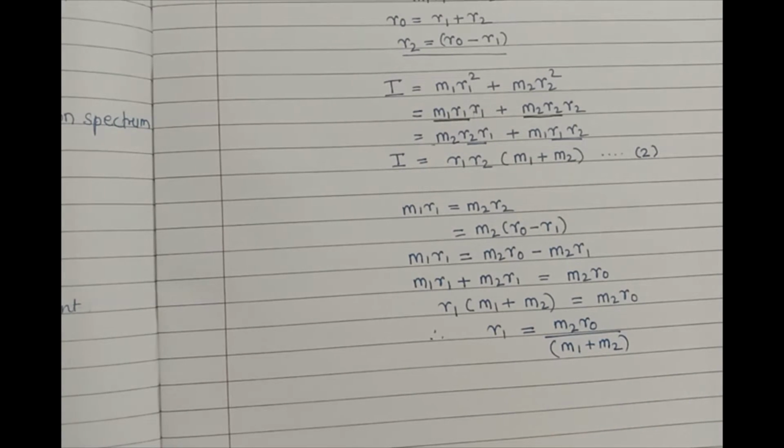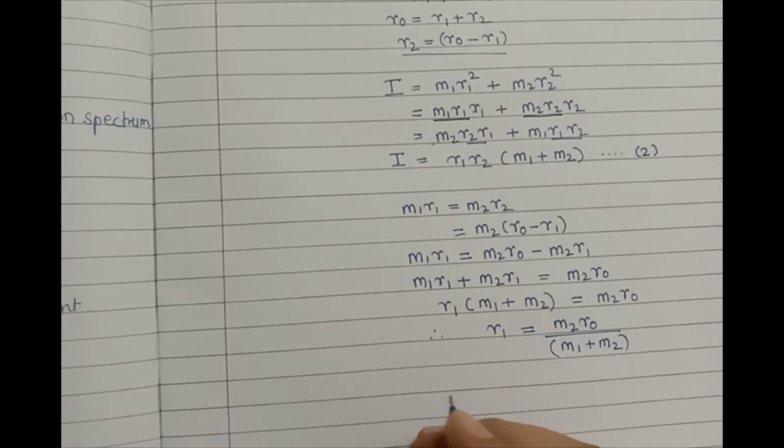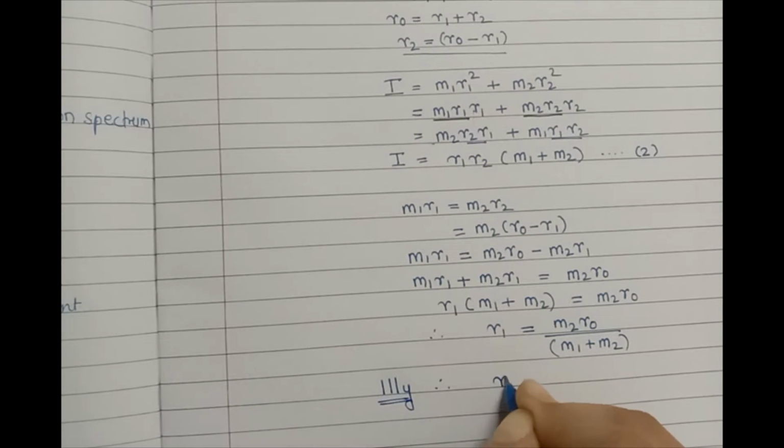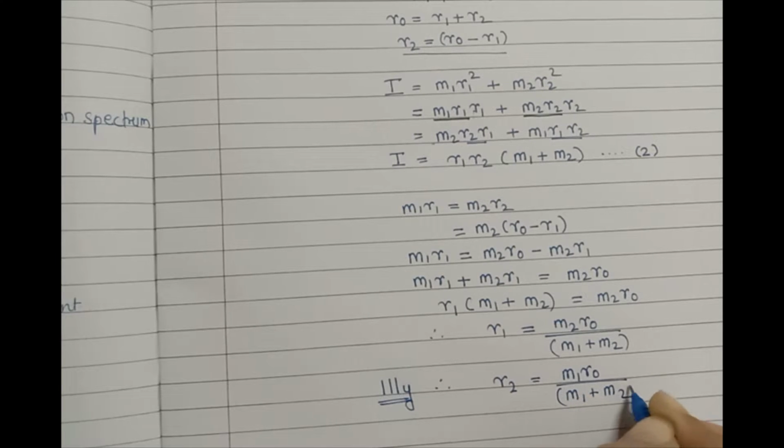Is it okay? So as we have found it for R1, similarly we can find it for R2. So therefore, similarly, R2 is equal to M1 R0 upon M1 plus M2.